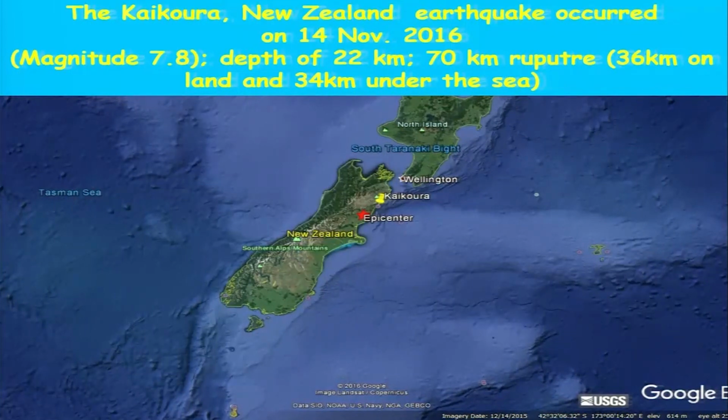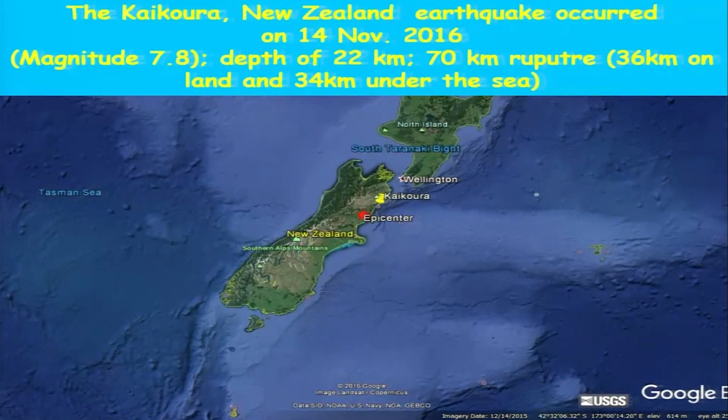So, it was 22 kilometers depth, 70 kilometers of rupture, out of which 36 kilometers was on land, that is what they show here somewhere, and then about 34 kilometers was under the sea, because the fault line or the feature along which this earthquake took place extended on land as well as in ocean, okay, submarine.